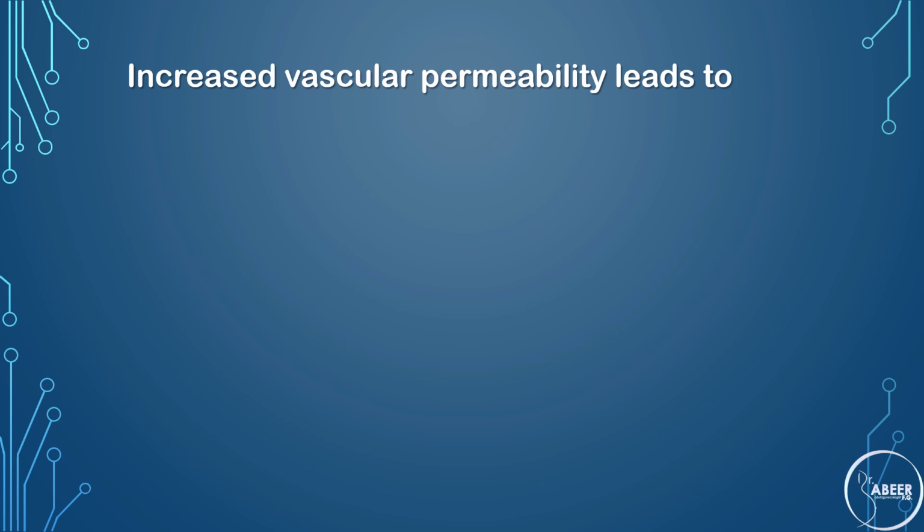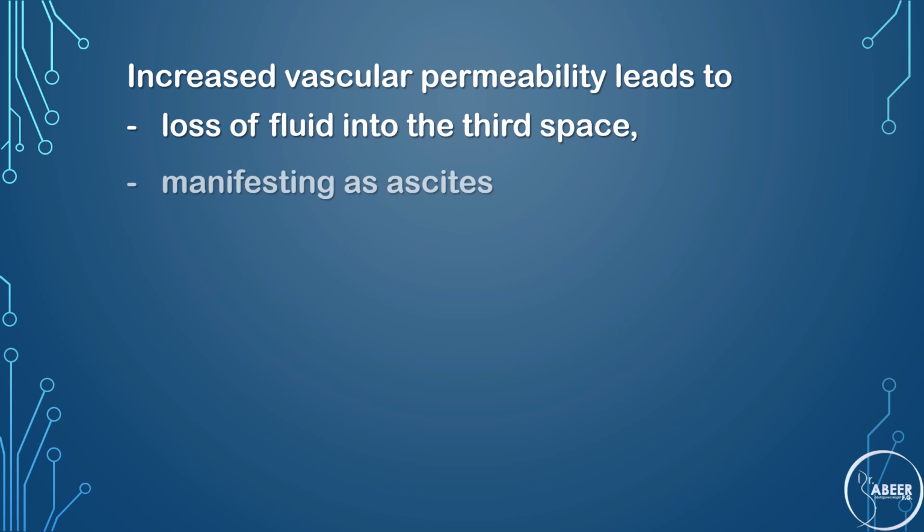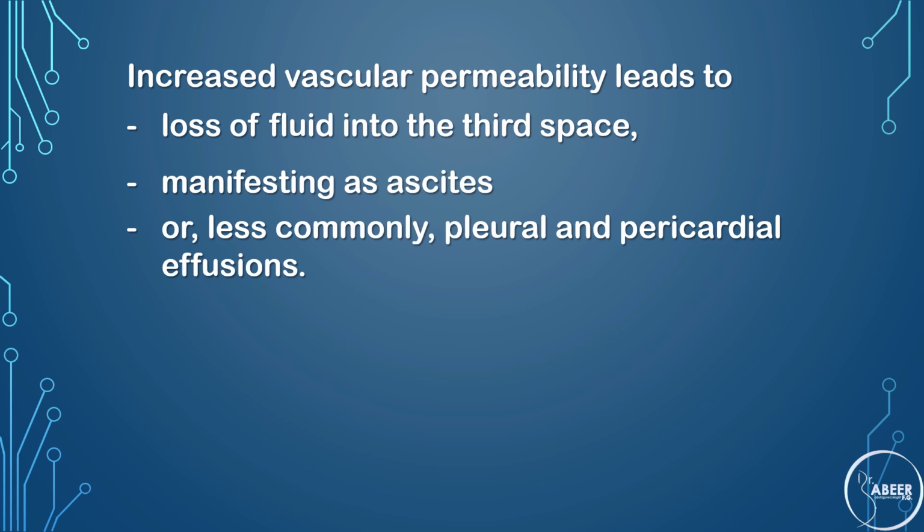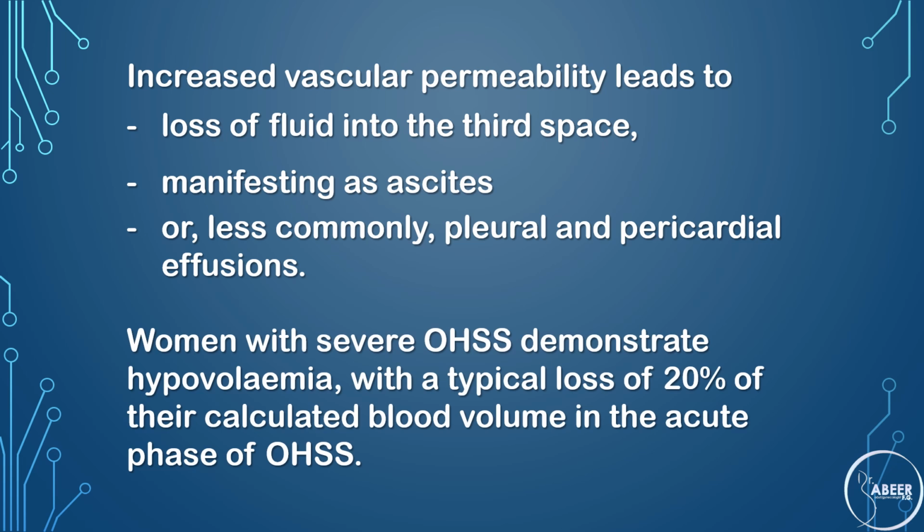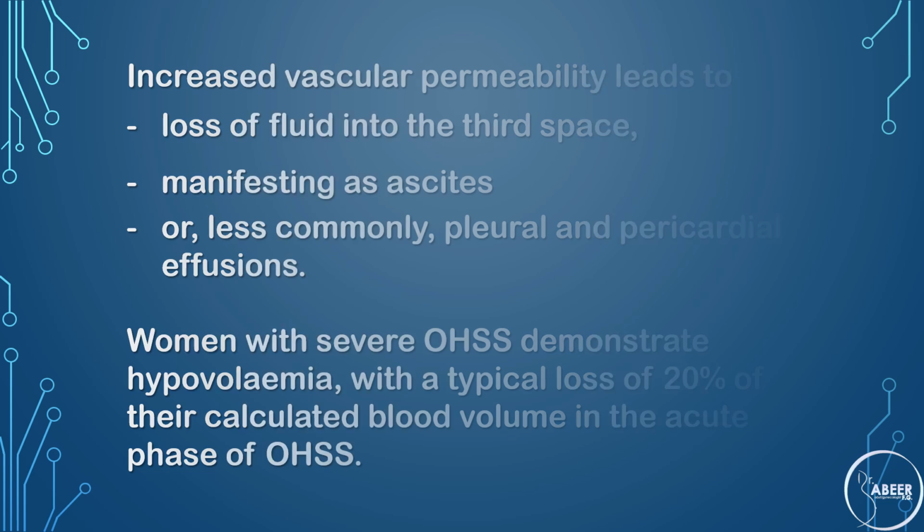Increased vascular permeability leads to loss of fluid into the third space, manifesting as ascites, or less commonly, pleural and pericardial effusions. Women with severe ovarian hyperstimulation syndrome demonstrate hypovolemia with a typical loss of 20% of their calculated blood volume in the acute phase of ovarian hyperstimulation syndrome.